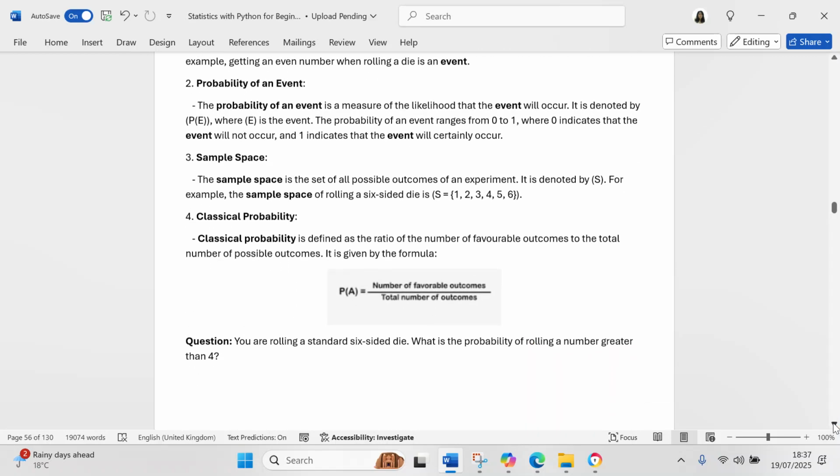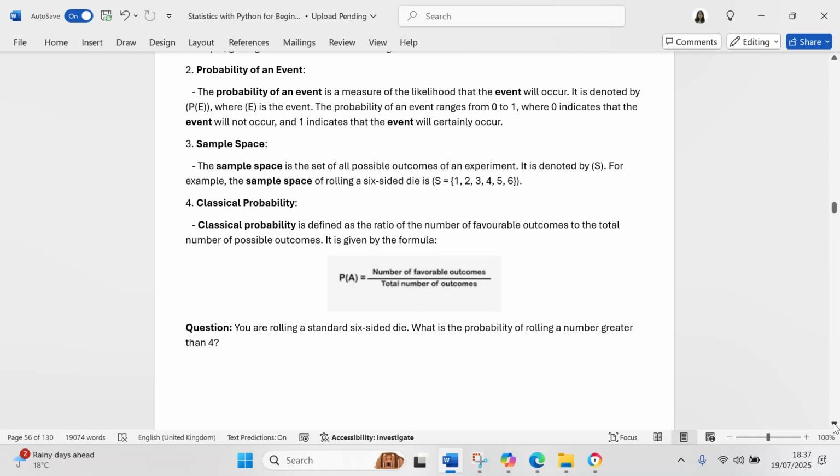So you've got something called the probability of an event. It's a measure of the likelihood that the event will occur. It is denoted by P(E), where E is the event. The probability of an event ranges from 0 to 1, where 0 indicates that the event will not occur, and 1 indicates that the event will certainly occur.